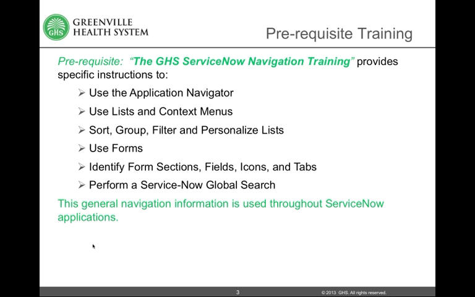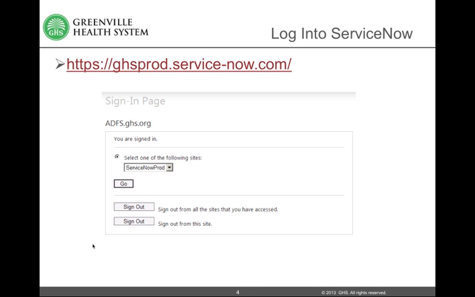We don't go into a lot of tremendous detail about how to use the application in this session. We're really focused more on the process of request fulfillment. Accessing ServiceNow, you'll do it through the ghsprod.servicenow.com link. And what you'll see there is you'll get asked to sign in, username and password.